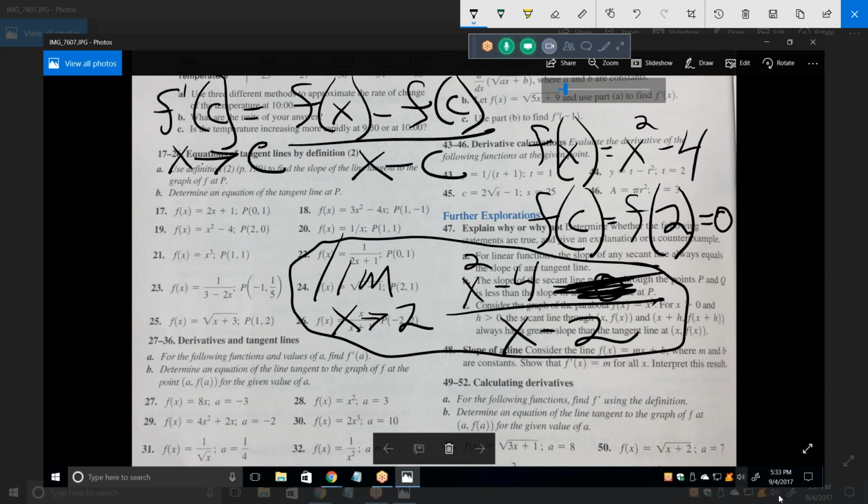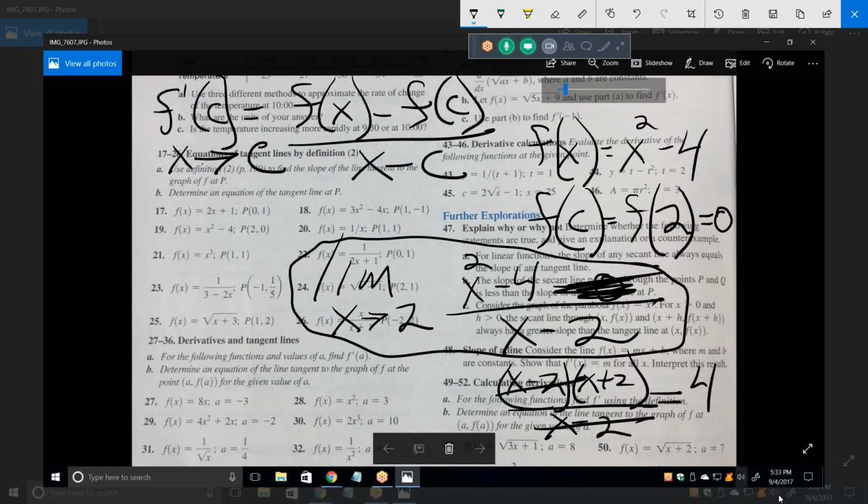Now, notice that if I just substitute 2 in, I get 0 over 0, so we can't do that. So this is the limit problem that you worked on all last week. How do you solve this? I would factor the top, x plus 2 times x minus 2, then cancel out the x minus 2, and then plug in 2. Exactly. So what's the slope? 4. That's how you do it.